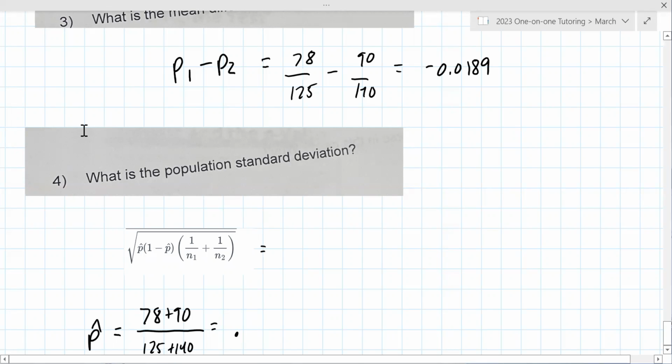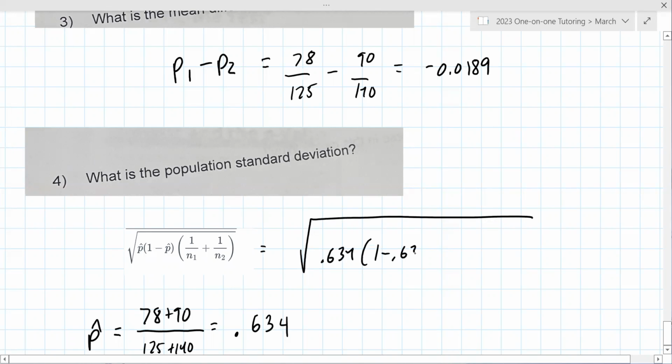Let me know what you come up with. Okay. 0.63. Yes. I'll maybe go out one more decimal place. All right, so that's the square root of 0.634 times 1 minus 0.634 times 1 over 500 plus 1 over 500. Like that.